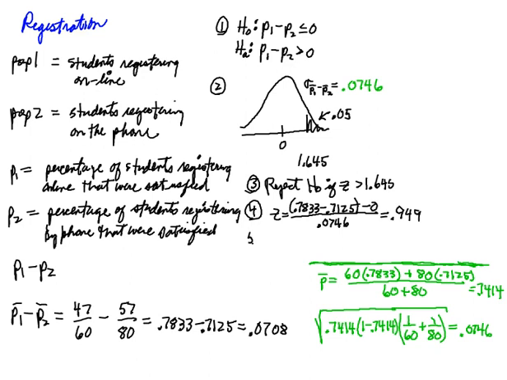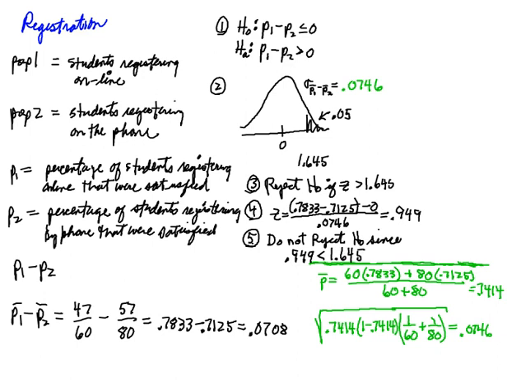And so step 5, I do not reject H sub 0 since 0.949 is less than 1.645.